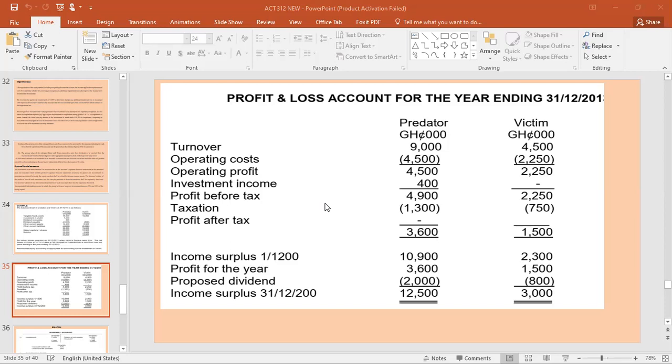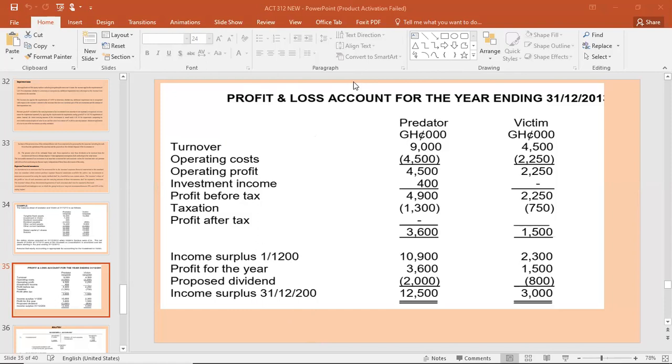You write tax 1,300. Then, following the same principle you followed when dealing with share of associate profit, you also write share of associate tax. So as I was saying, you get profit before tax, then you bring your tax of 1,300, then just under tax of 1,300, you write share of associate tax.